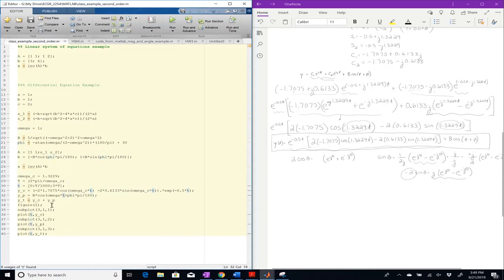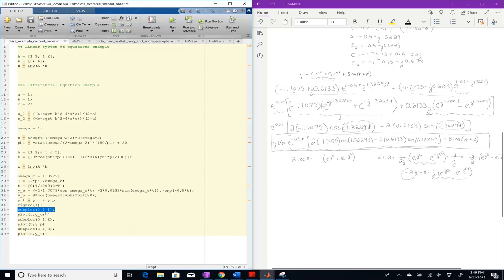Then you'll see I used a subplot to plot for me. On the top I'm going to plot the transient response, y sub c. Then I'm going to plot the particular solution in the middle, and the total solution on the bottom. Notice with the subplot command, I said 3, 1, 1. What that says is I want 3 plots total, and the plot in the very top is the 1, 1.